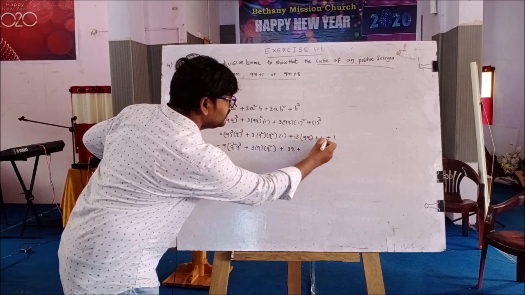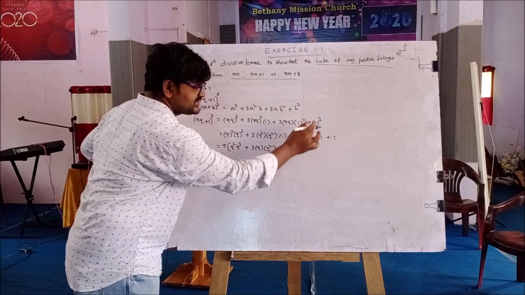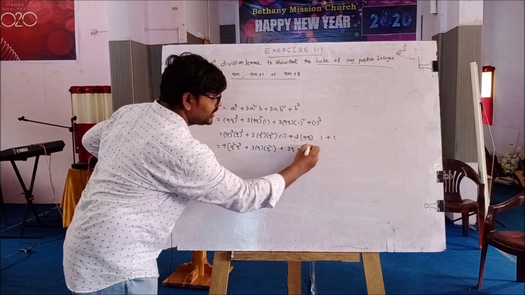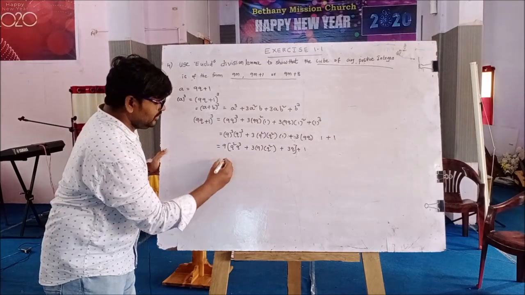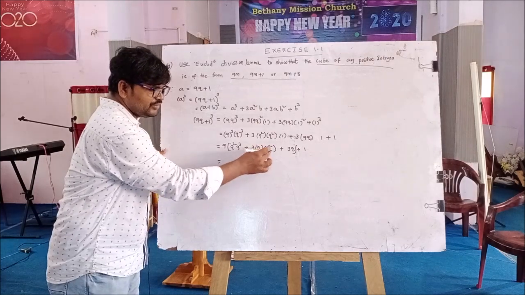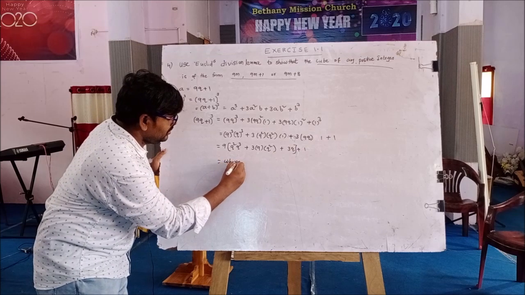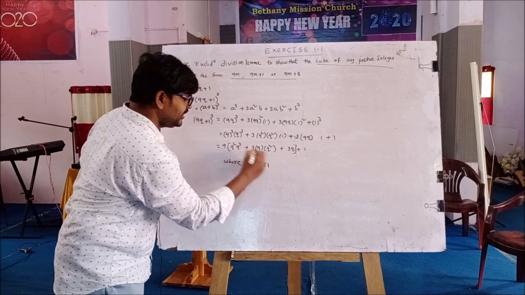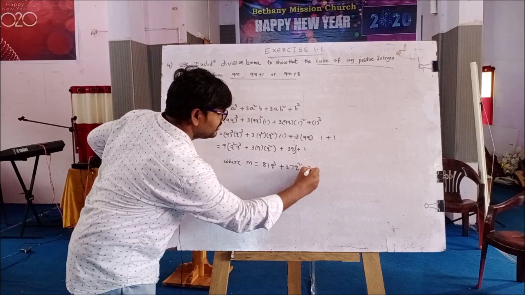Plus, this is 3ab square, 3 into 1. So 3 ones are 3, so into q, 3q plus 1. So 9 square q cube plus 3 nines are 27 into q square plus 3q equals m, where m equals 9 square, value 81, q cube plus 27 q square plus 3q.